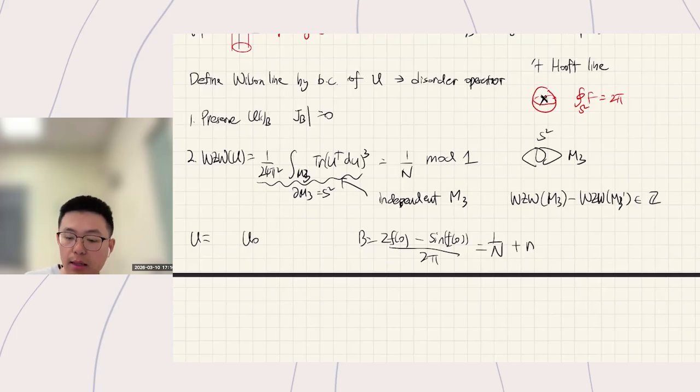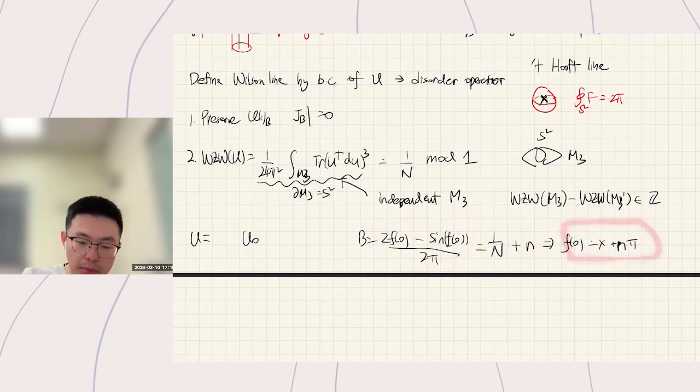Notice that once you find one solution of this kind, let's say this solution is x, you can shift x by some n times pi, and this will again be a solution to these equations, except that on the other side it will shift by some integer n. So this property will be important later.